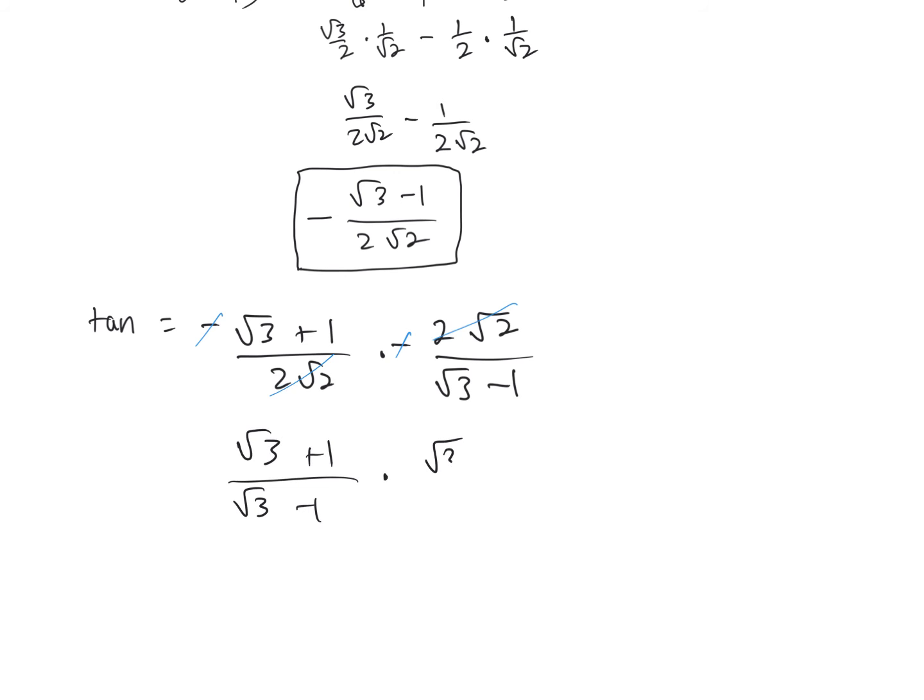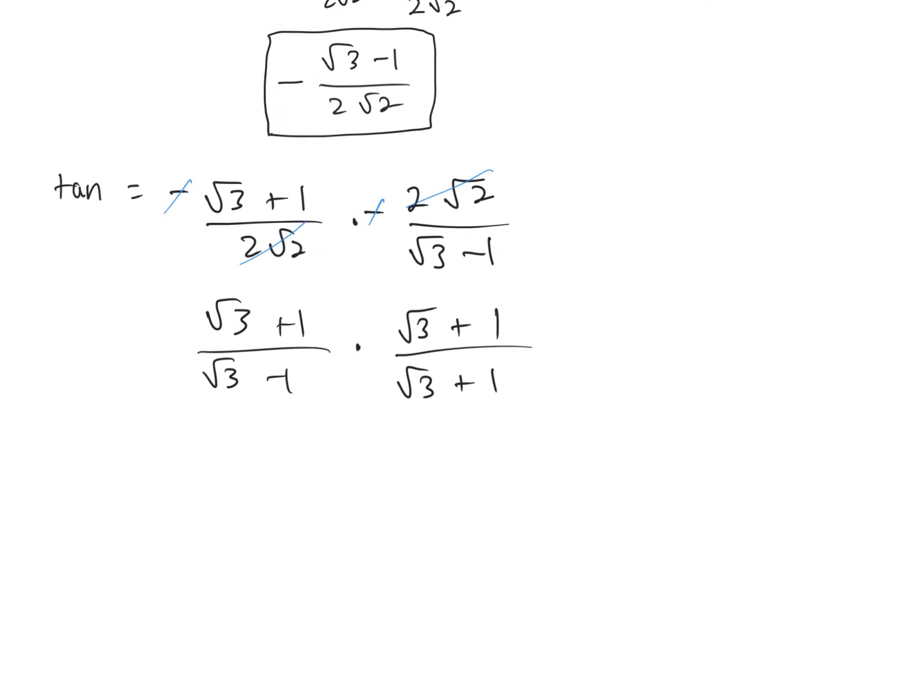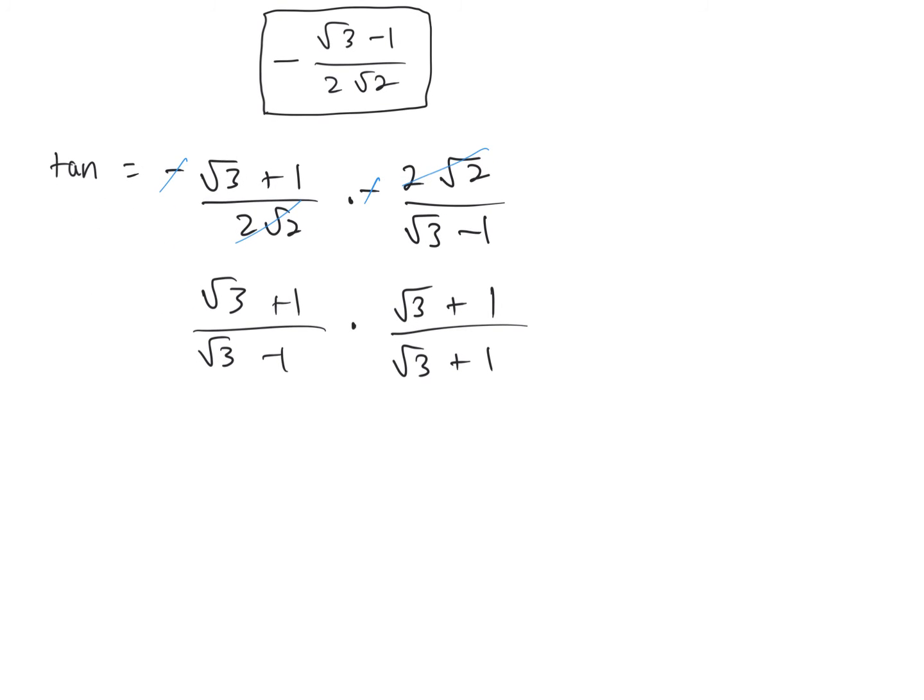Gonna multiply by root 3 plus 1 to get rid of that denominator, which is FOIL. So we have 3 plus root 3 plus root 3 plus 1 over 3 minus 1.